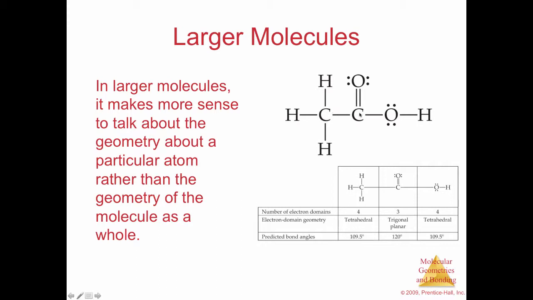This carbon has 3 domains and therefore has a trigonal planar electron domain geometry. And this oxygen has 1, 2, 3, 4 electron domains, making it tetrahedral. The actual molecular geometry here, however, is bent.